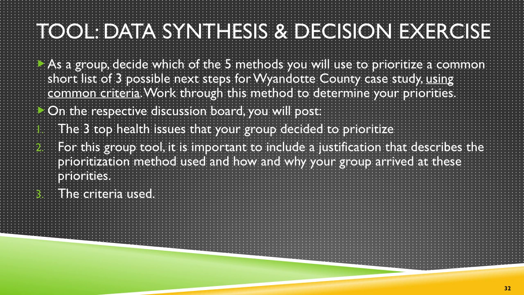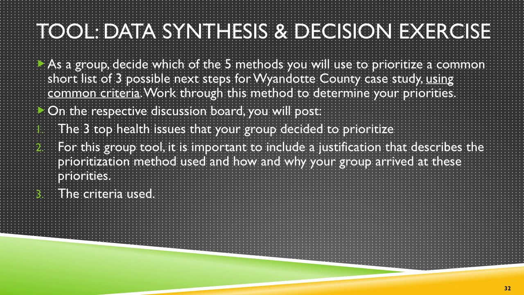After your group has determined the prioritization method that you prefer to use and arrived at a common short list of 3 possible steps for Wyandotte County, work through this method as a group to determine your priorities. Then on the respective discussion board, you will post the 3 top health issues that your group decided to prioritize.